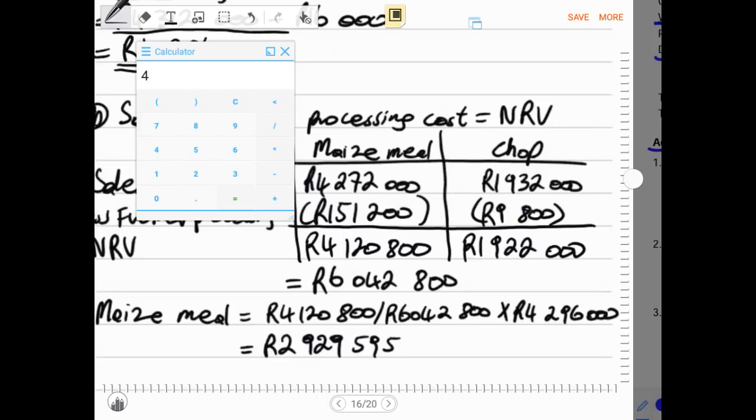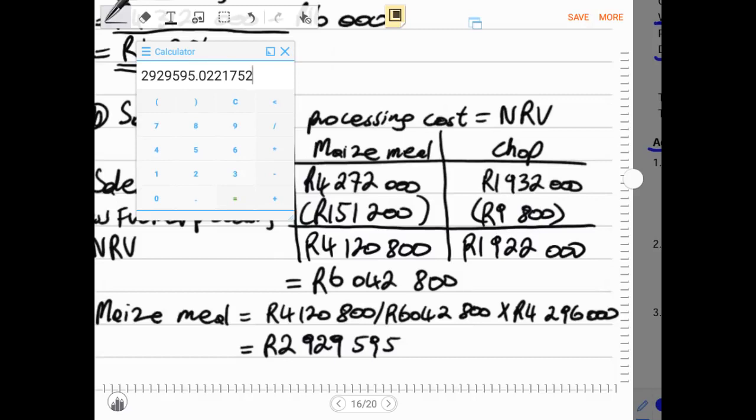We have 4,120,800 divided by 6,042,800, and we times this by 4,296,000.